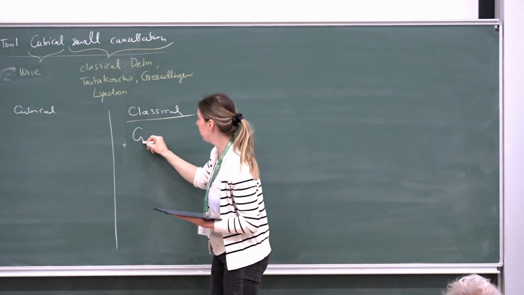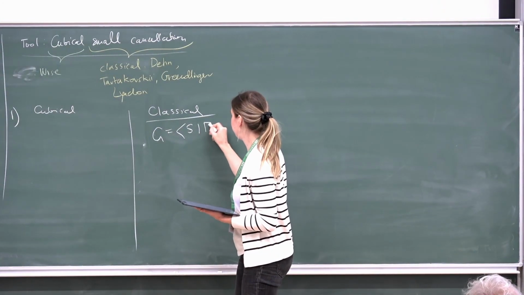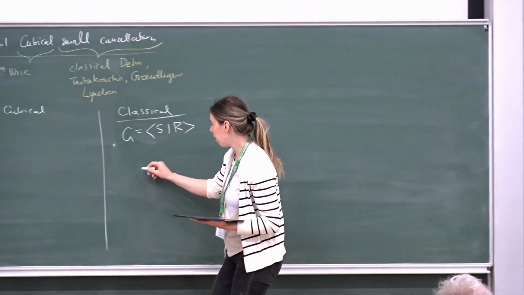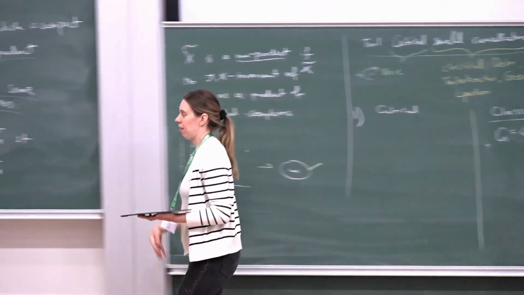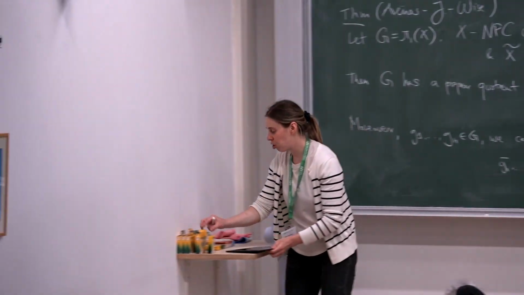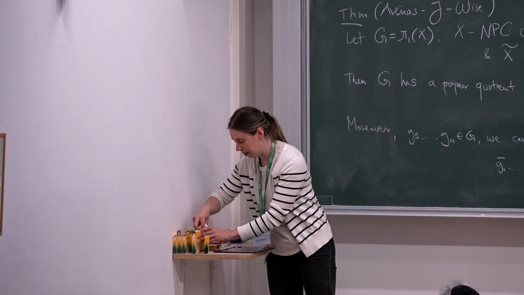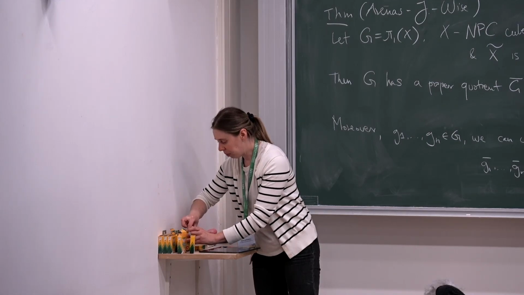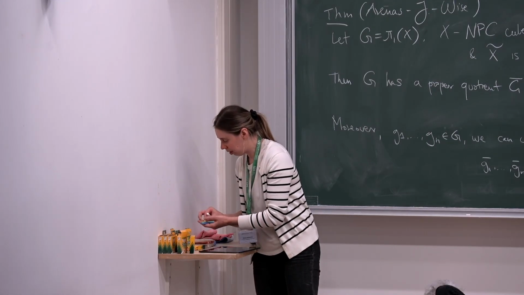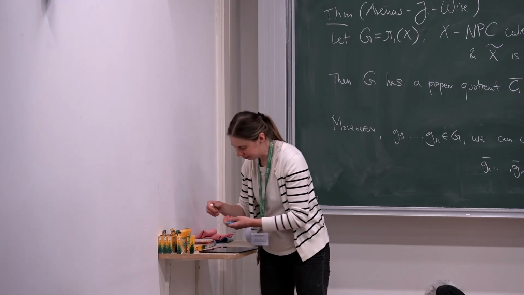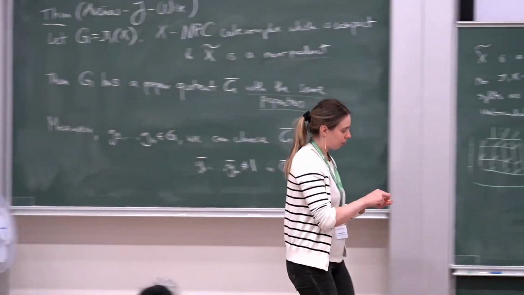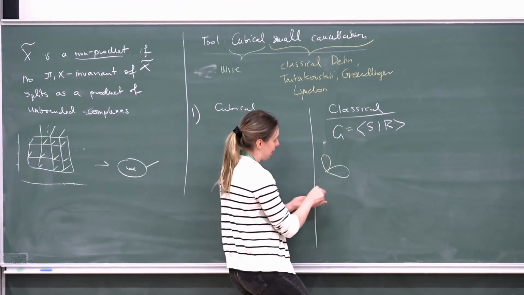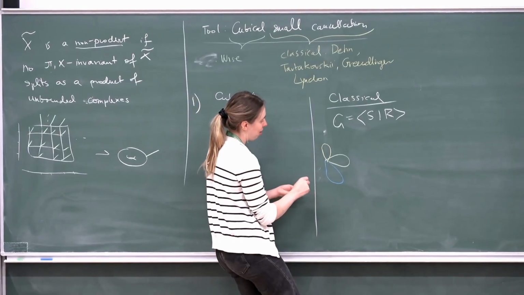A group presentation is just a set of generators and relators, but if we want to think about it geometrically, we visualize it as a wedge of circles, one circle for each generator.